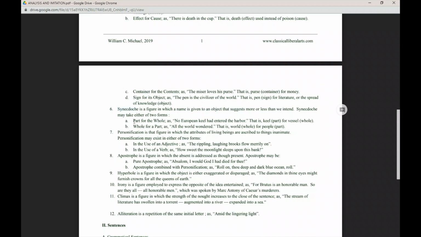We can use a part to refer to the whole, as in the sentence, "No European keel had entered the harbor." The keel is a part of a boat. We can use a part to name or represent the whole. No European keel had entered the harbor. That is, no European boat.